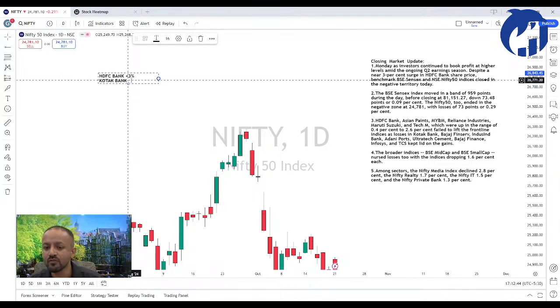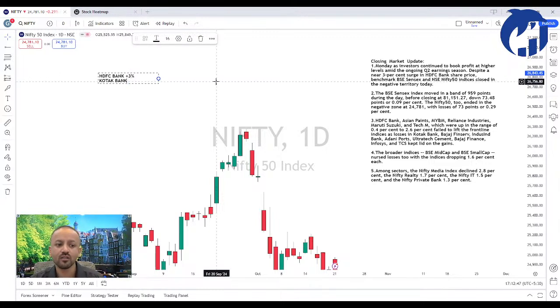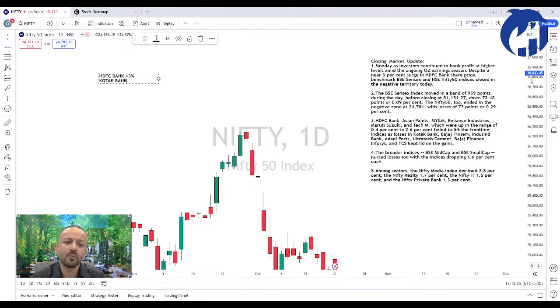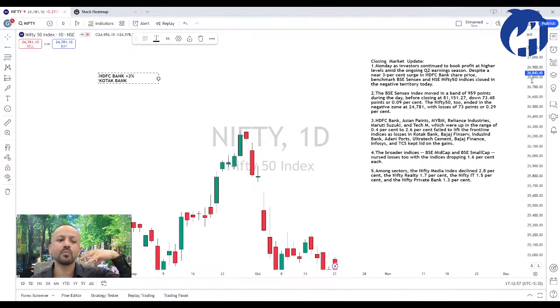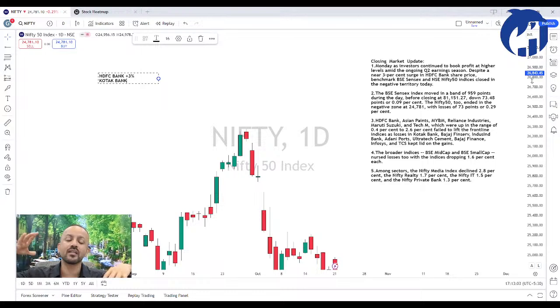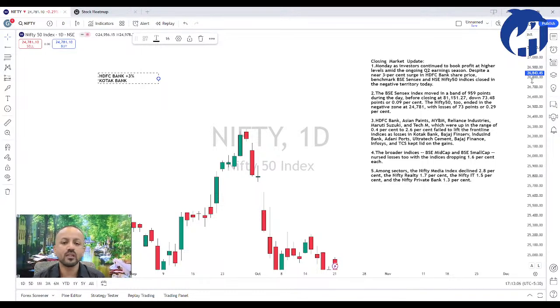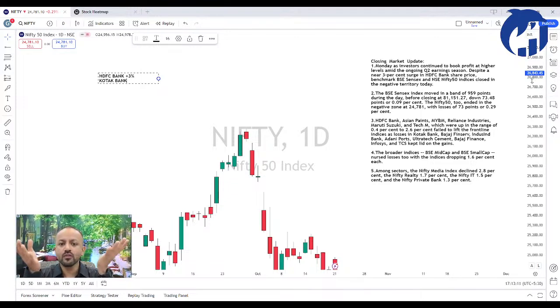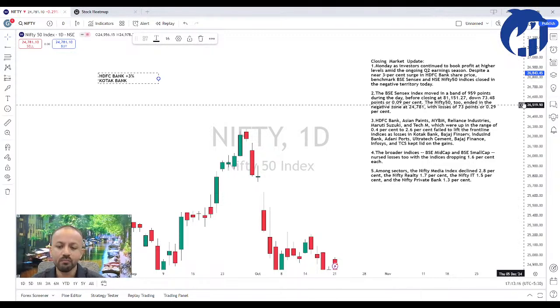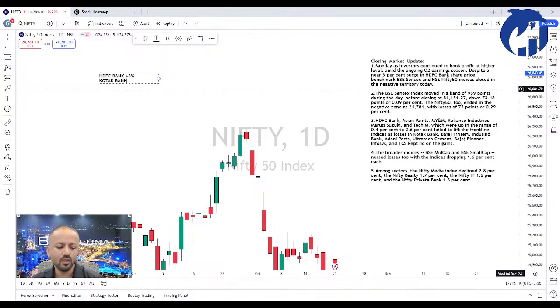It's not mentioned in terms of percentage, but we will look at the chart of Kotak Bank to see what happens when a company puts out its quarterly earnings in front of the public, and what people expected the company to do differs from what the company has actually done in its quarterly earnings reports. When they do not go in tandem, when they do not resonate with each other, this is when you have massive setbacks for companies. We are going to look into the two stocks, but let us continue for now.